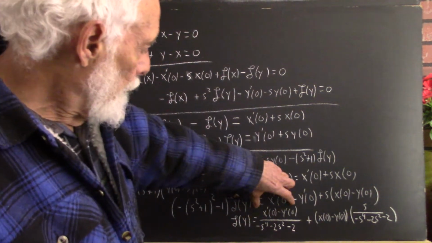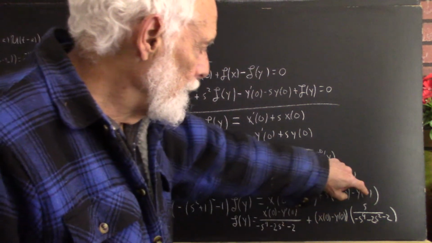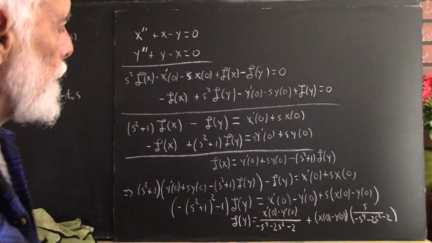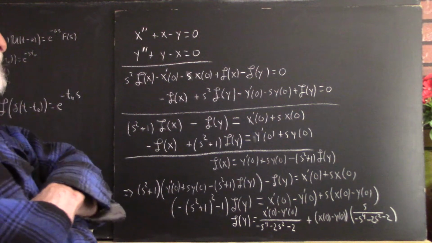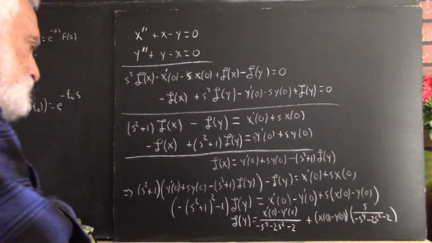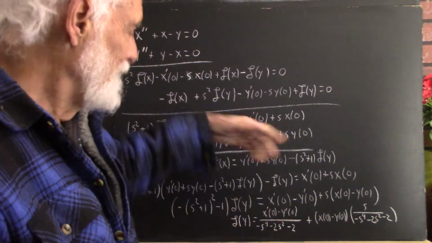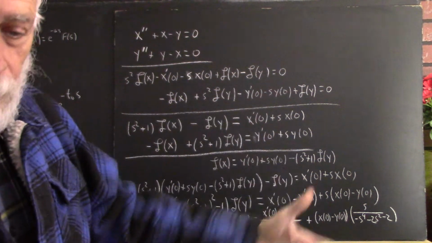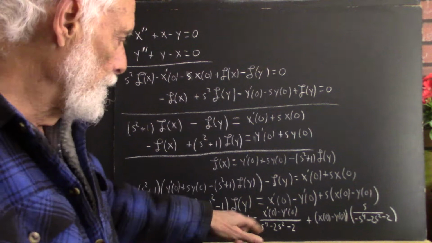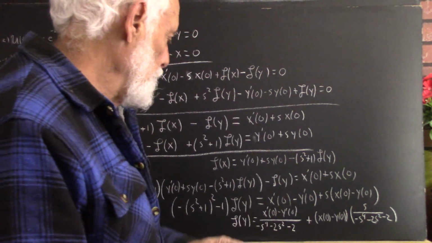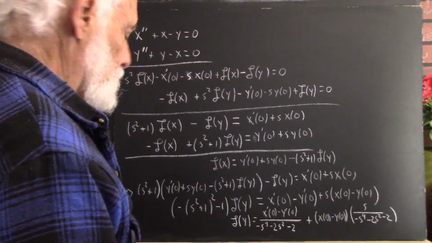Okay, so we just have a number over this and a number over this. Now this again would require that we complete the square on this. For the moment, let u equal s squared and complete the square, and then go back to the s to the fourth and see what we have, and do the inverse transform.